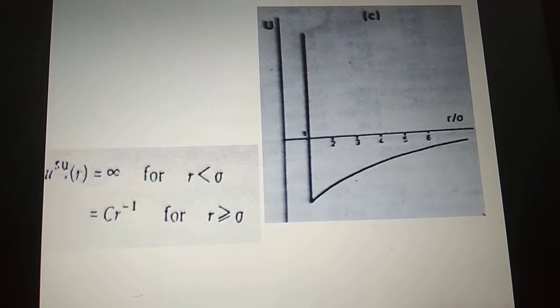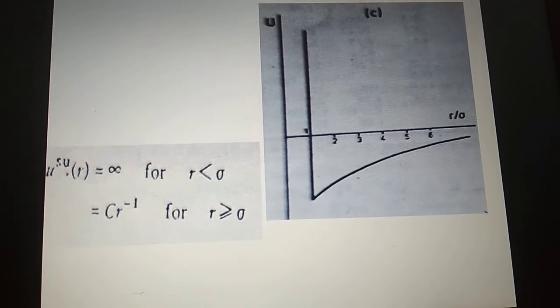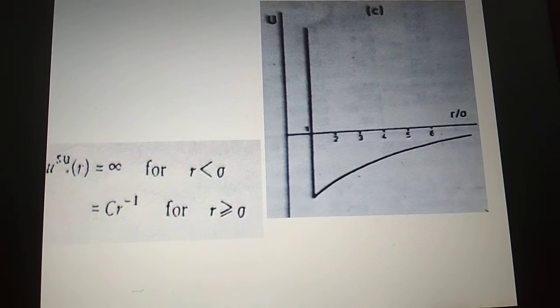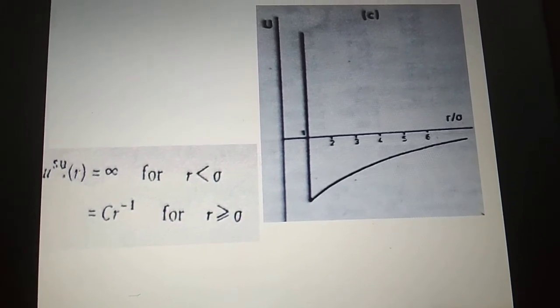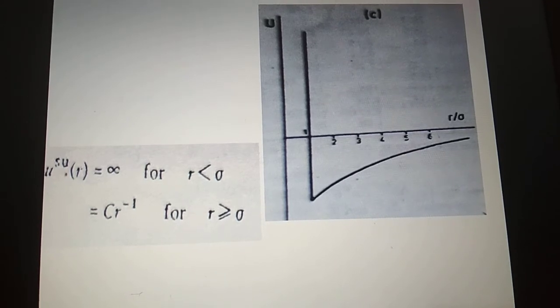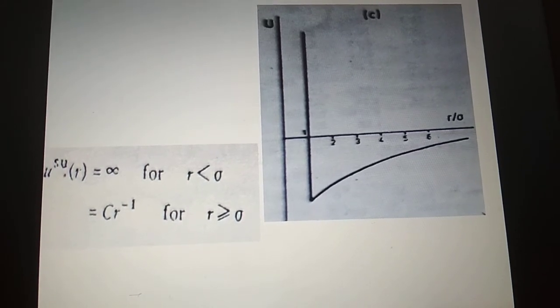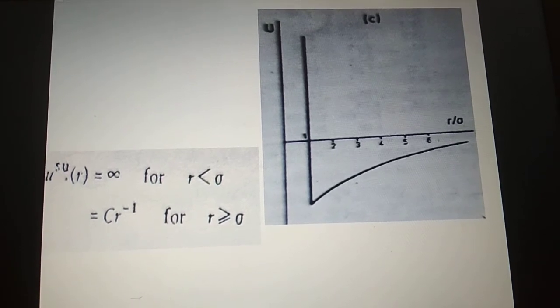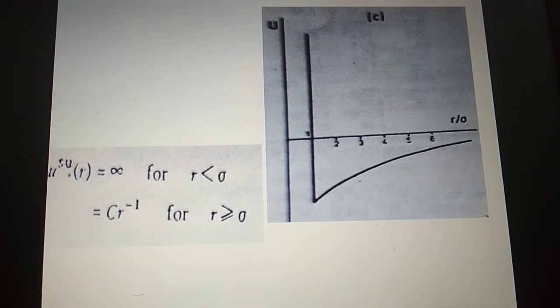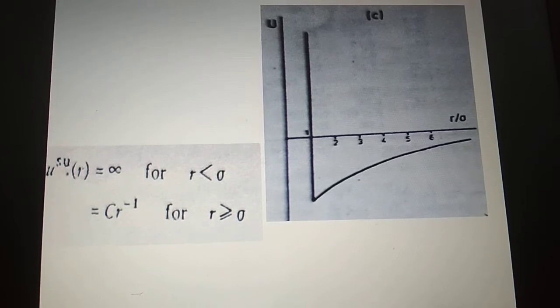A third model has been used successfully to represent the interaction in one class of liquid, that is ionic liquids or molten salts, the Sutherland potential.